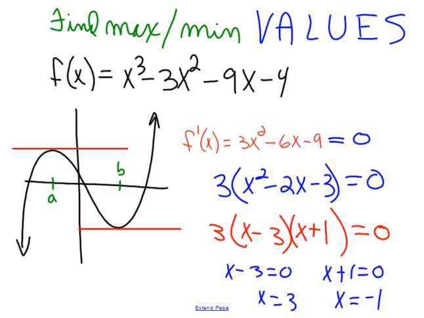No. But it could be the x minus 3 and the x plus 1. If x minus 3 were equal to 0, that would mean x would be 3. And if x plus 1 was equal to 0, that would mean x equals -1. So what that tells me is that these 2 points, these mystery points, are -1 and 3.